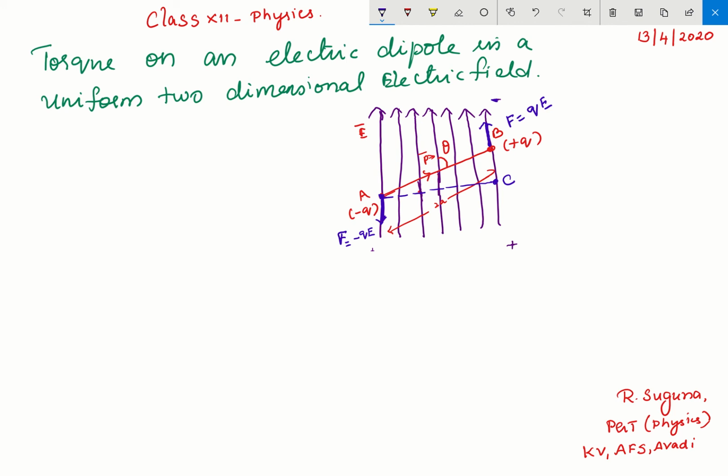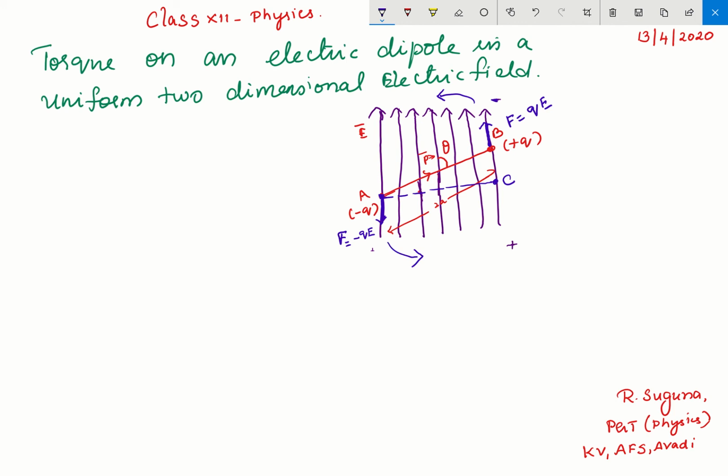And in which direction will it rotate? Here, what does the couple mean? It experiences a torque. Therefore, a turning effect will be there. That force will give some turning effect on the dipole. Therefore, here B will be moving in this direction, and A will be moving in this direction.